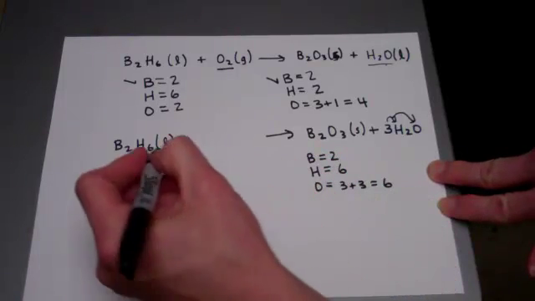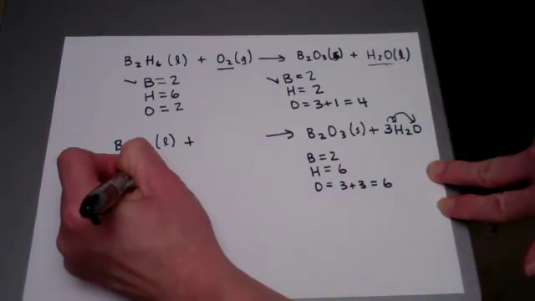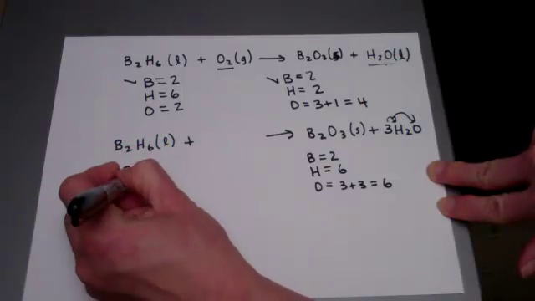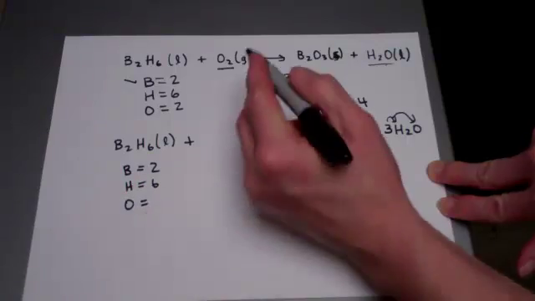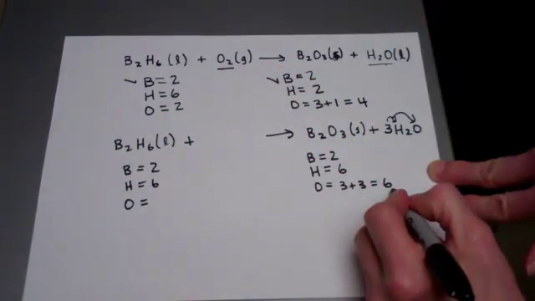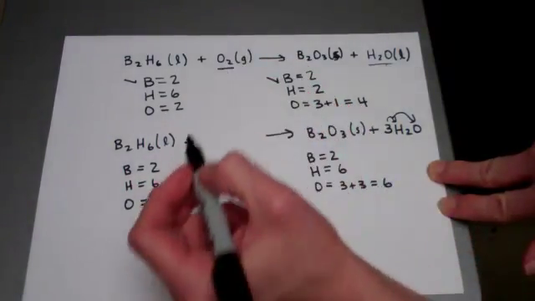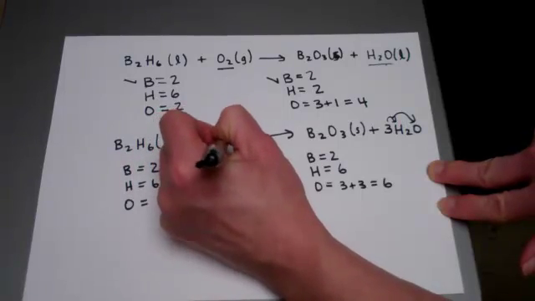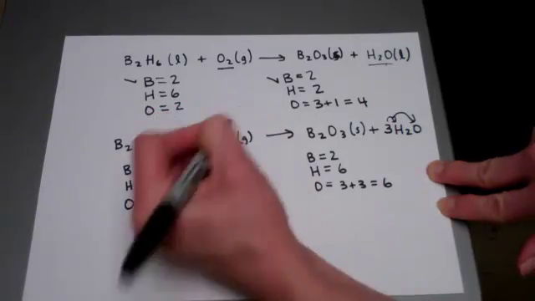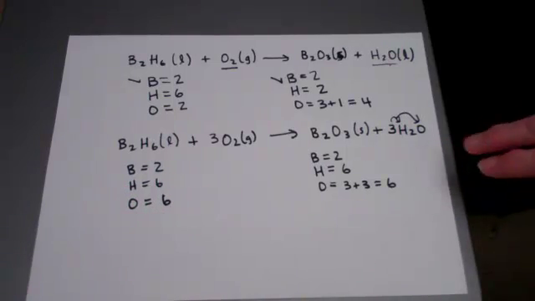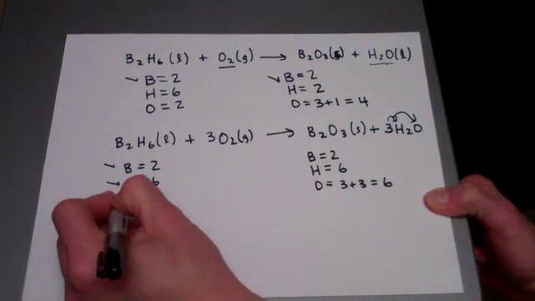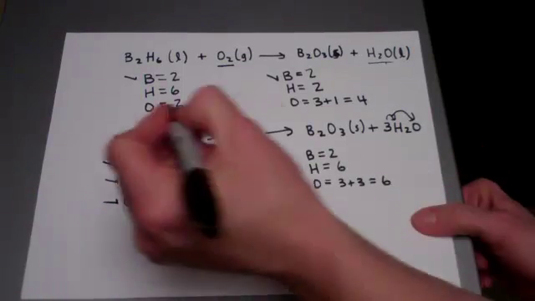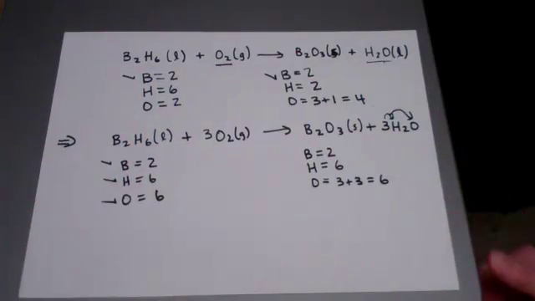So now on this side, we've got 2 borons, 6 hydrogens, and so far we have 2 oxygens. We have 6 here. So if we have 3 of these guys, I think that will get us to a balanced state for a total of 6. So do these all check? 2, 6, and 6. So this is our balanced equation.